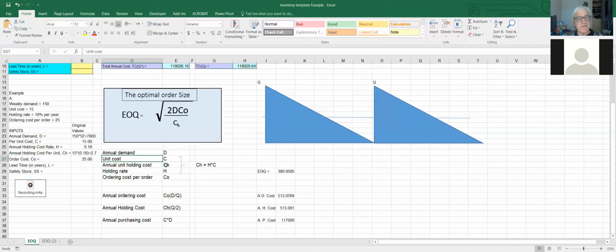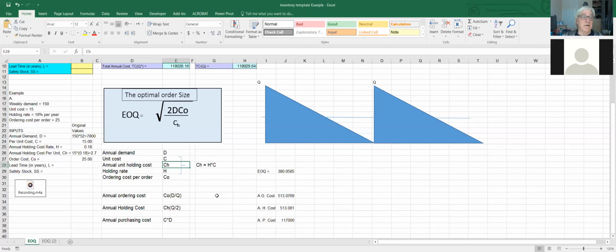CH is the unit holding cost per year. There are costs involved in running an inventory. When the inventory is on shelf, you have costs. It can be insurance for the units. It can be a loan that you took from the bank, and the interest you pay is a cost, and you took it from the bank to pay for the inventory.